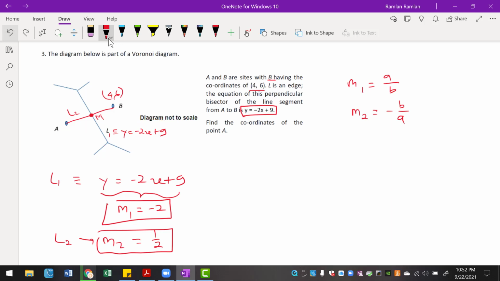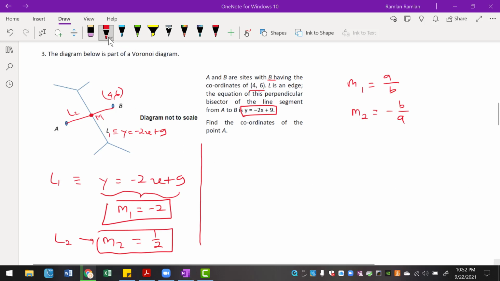So I can find the value of M by doing a system of linear equations, and then substitute or eliminate, whichever you want. This time I'm going to use substitution.